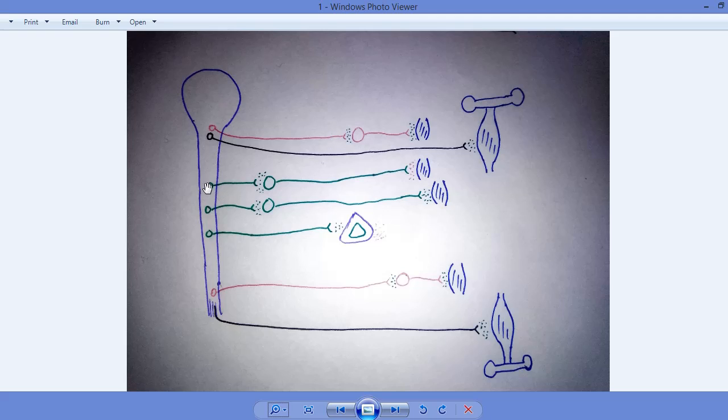Now coming to the sympathetic nervous system. In the sympathetic nervous system, the neurotransmitter secreted at the ganglion will be acetylcholine. This is a ganglion, and this is another ganglion. Acetylcholine will be secreted at the ganglion of the sympathetic nervous system.